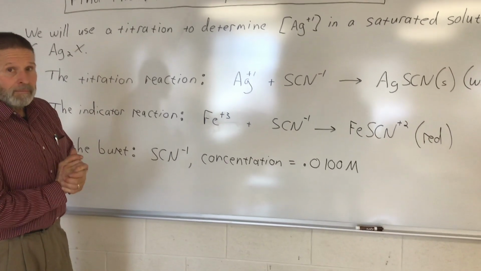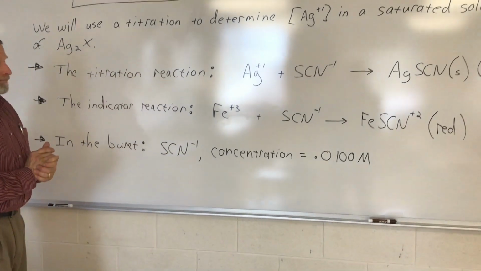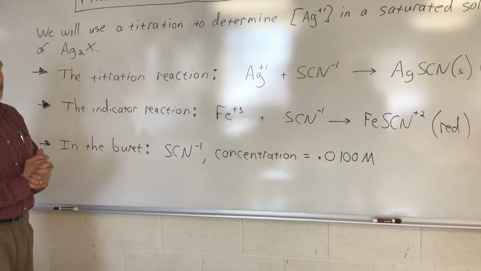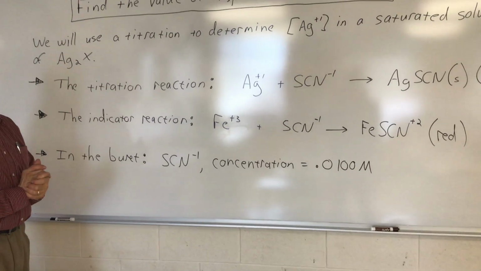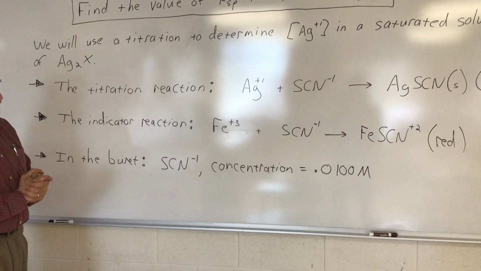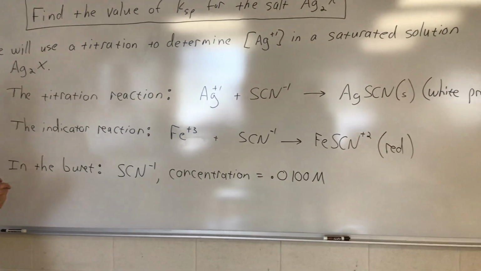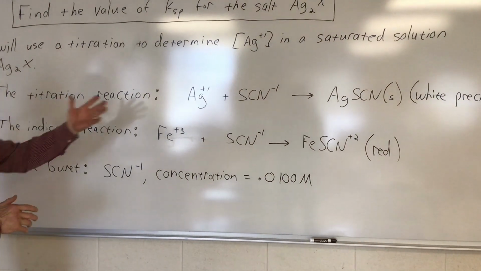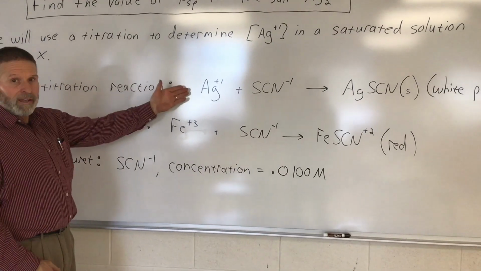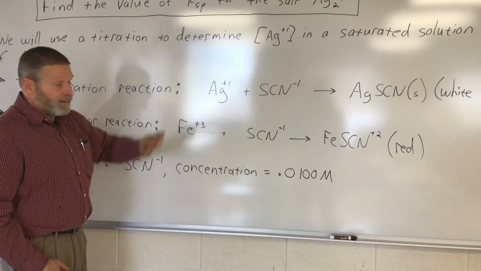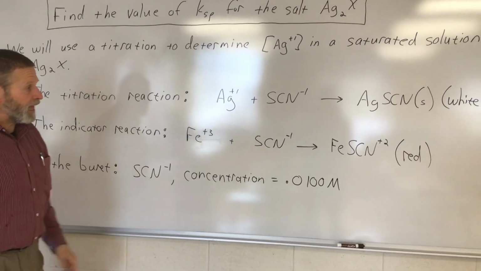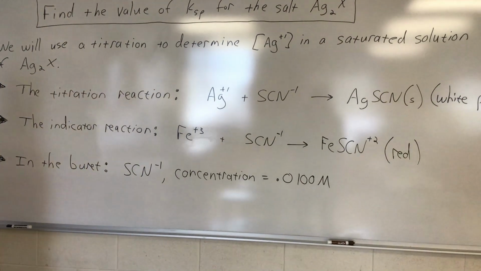The silver and the iron will be in there together, but the silver gets together with the thiocyanate preferentially before the iron will. It's kind of like a battle for thiocyanate between silver and iron. Silver wins until it's gone, and then the iron is left to react.